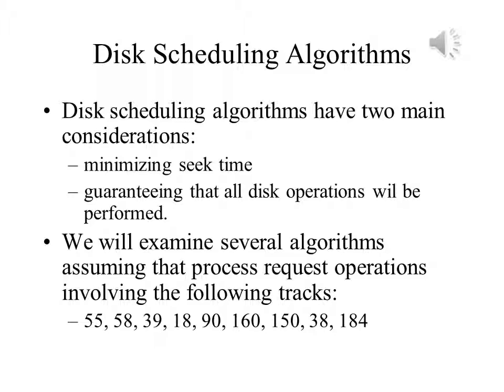Others will ensure that all disk operations will be performed, but do nothing to minimize seek time. To understand how these algorithms work, we will look at a set of disk operations taking place on a disk with 200 tracks in the order shown on the slide.